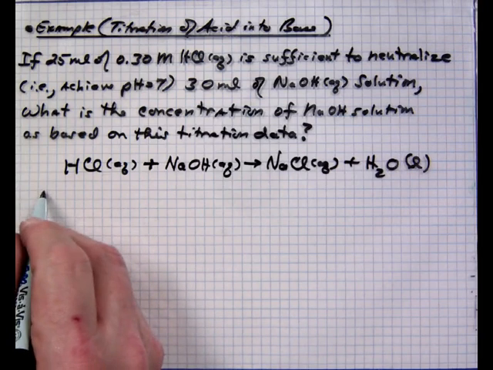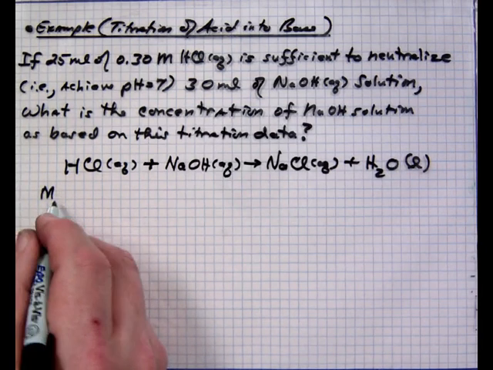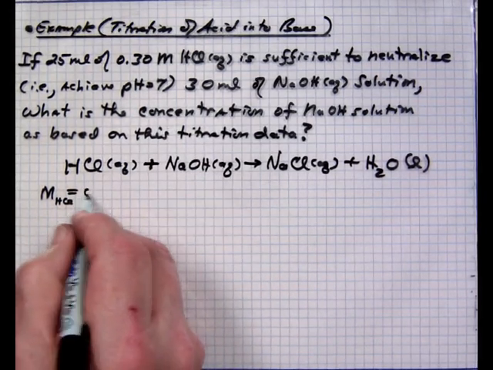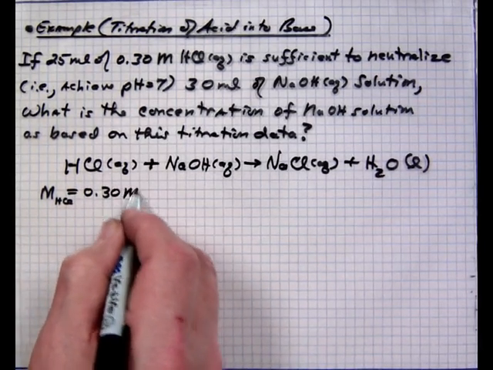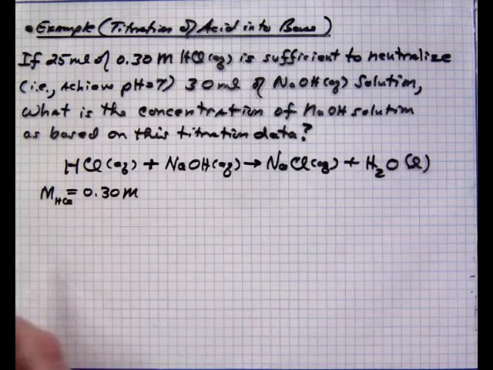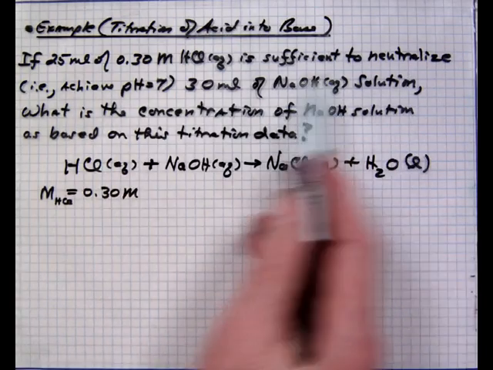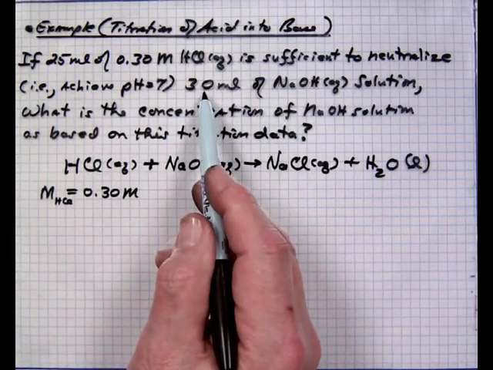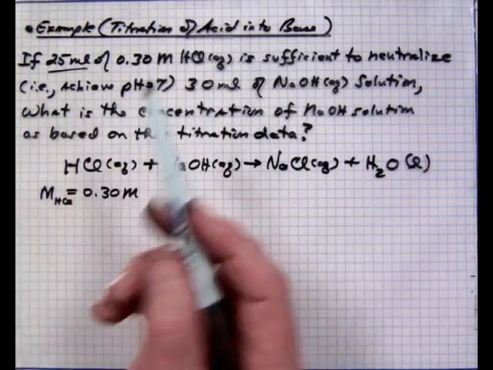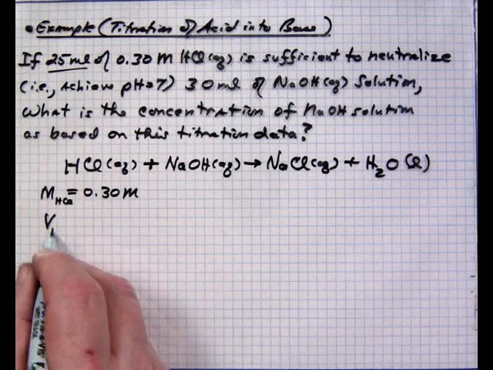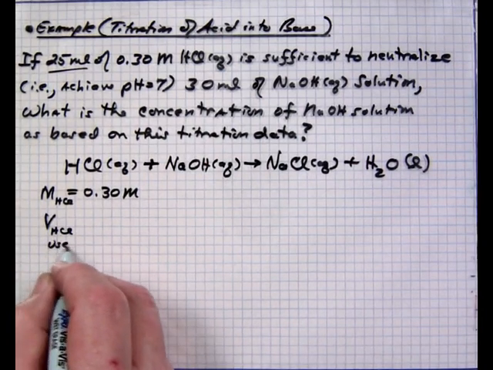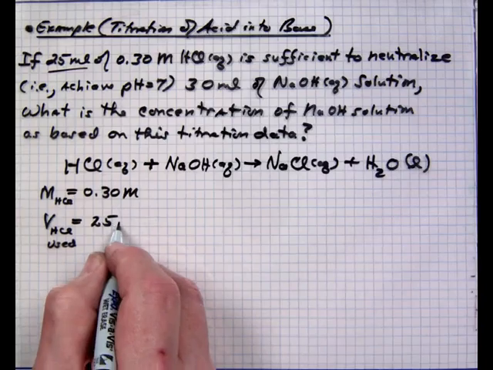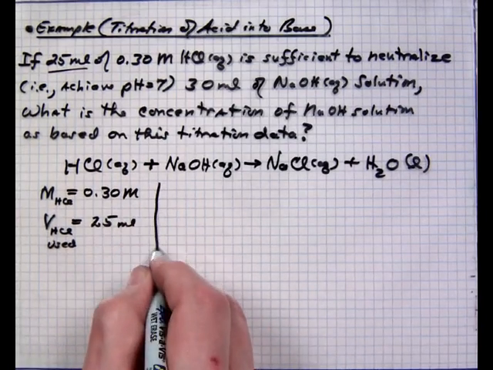Why don't we start out with the molarity of HCl? Well, the problem says it's 0.30 molar. And the volume of HCl used is equal to 25 milliliters.